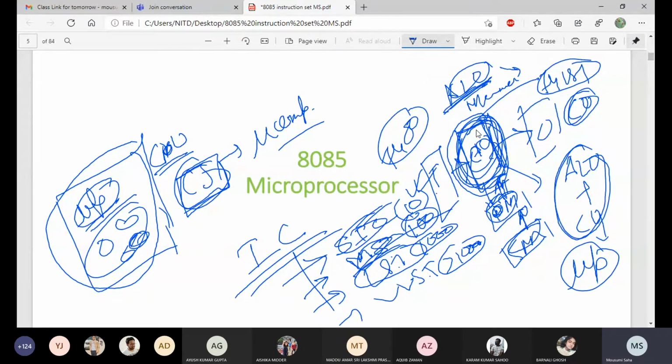In microcomputer or microprocessor, there are two terms, micro and processor. Micro means the size is in micro, and a processor is any device or element which can process something. So microprocessor means a processor with size in micro, that's why it is called a microprocessor. Before inventing the microprocessor, we never used that term, we used the term CPU.